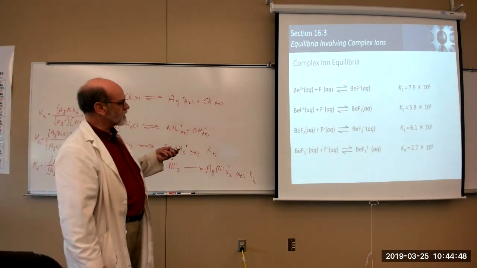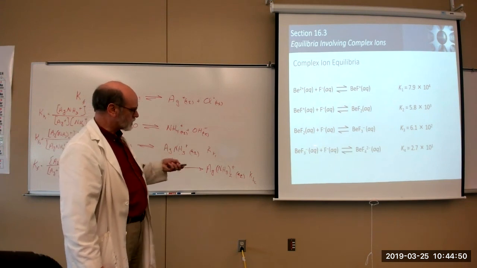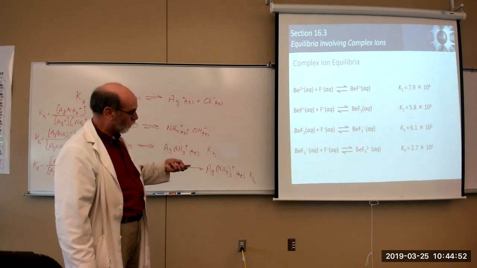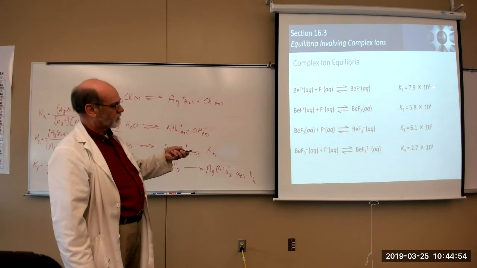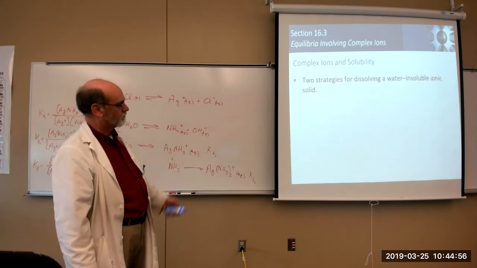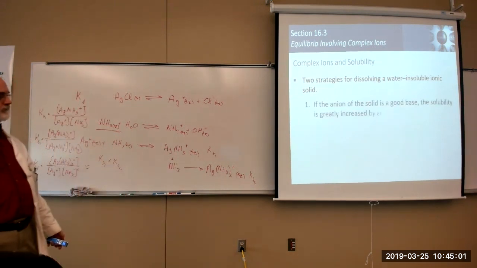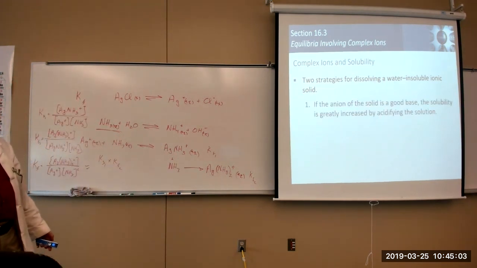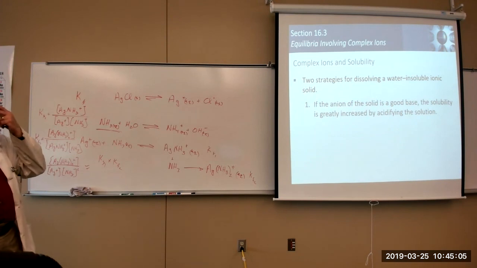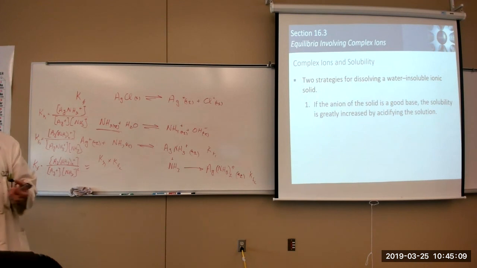So this shows you a sequence, just like the silver, only this one goes through 4 iterations. So if the anion of the solid is a good base, the solubility can be greatly increased by acidifying the solution, just like our phosphate.